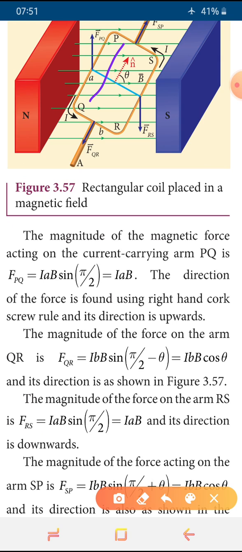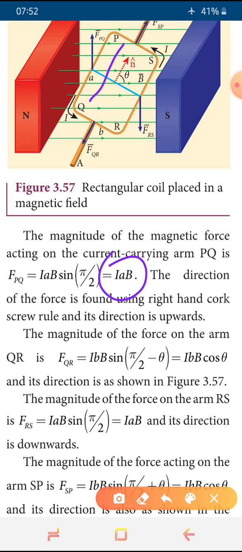The same formula we used there: B is the same magnetic field, I is the current on the loop, and A replaces the length L we used there. Then in place of sin theta, the angle between the PQ arm and the magnetic field is pi by 2, so sin pi by 2 becomes 1. Then we write the formula BAI. We got the answer IAB.